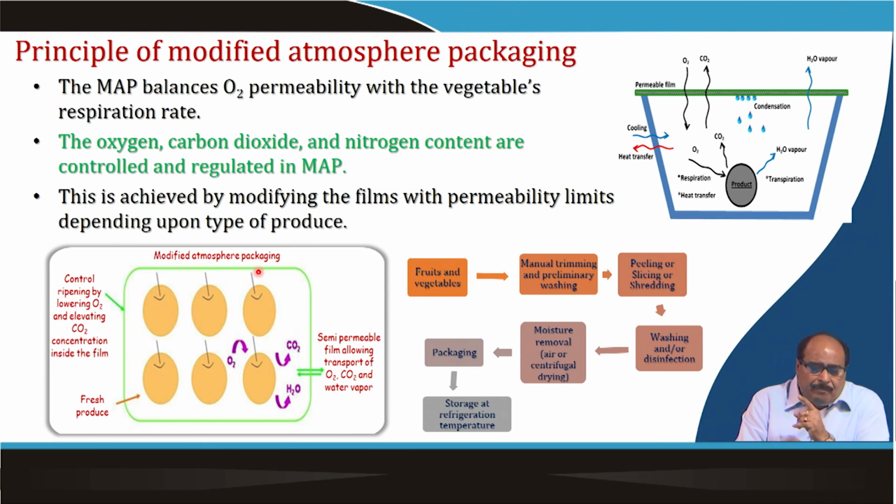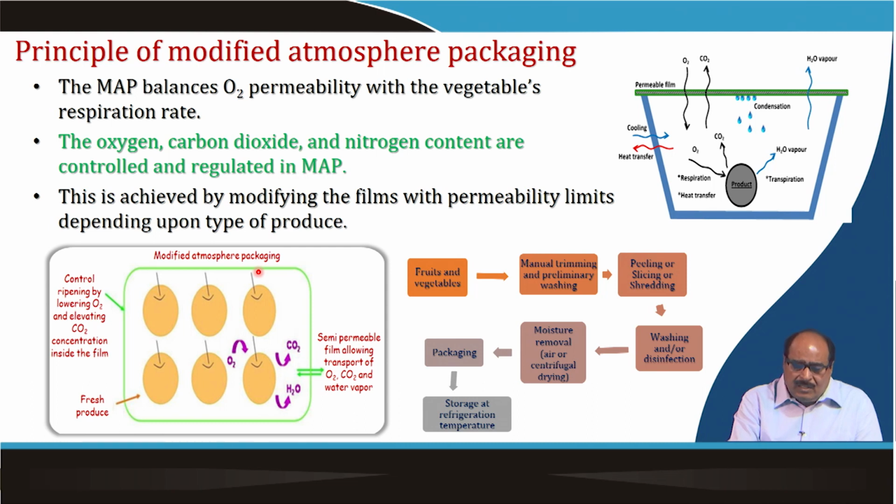However, as in the earlier cases, here also it is very important to select the proper conditions of O2, CO2 etc., and there should be proper balance between the humidity inside the packet and outside the package.